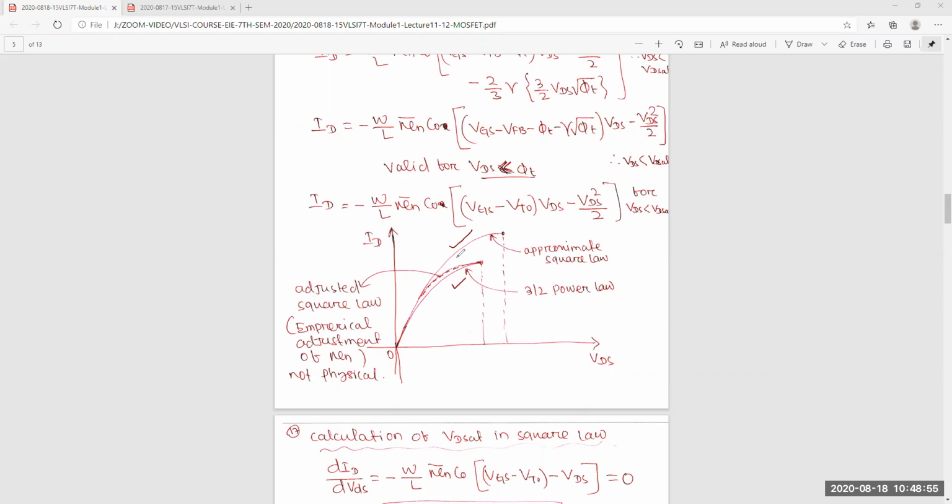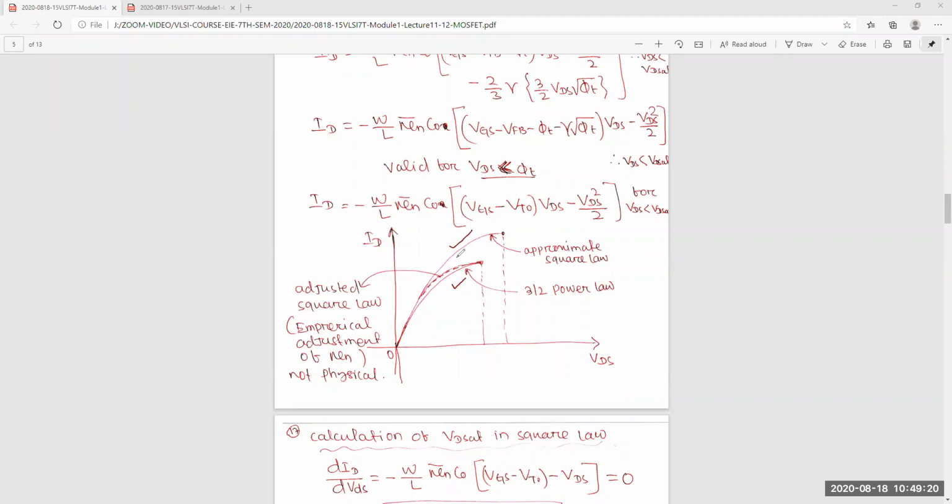Cx depends upon the thickness of the oxide, and mu n depends upon the mobility, in the vertical or horizontal direction. It depends somehow on the process. So you have no control over that.